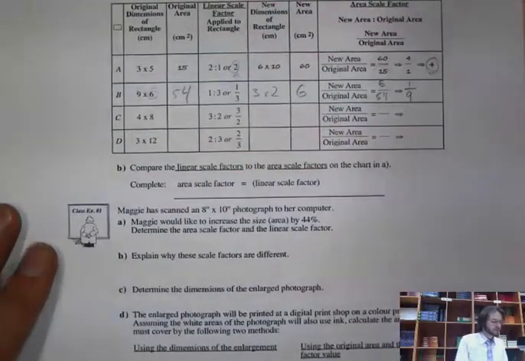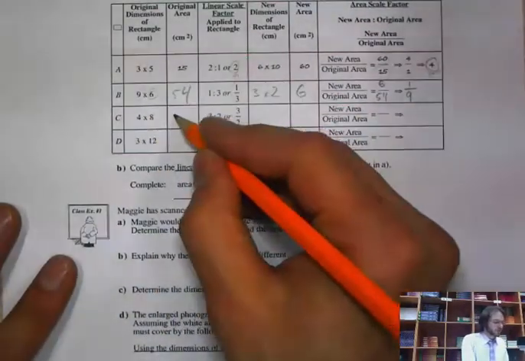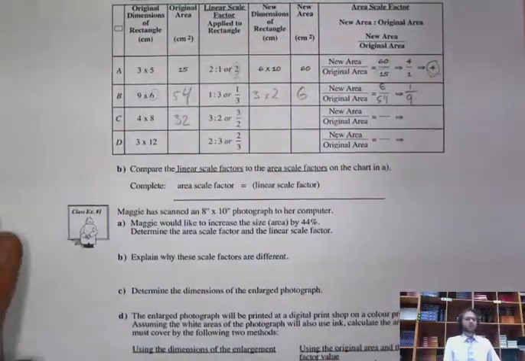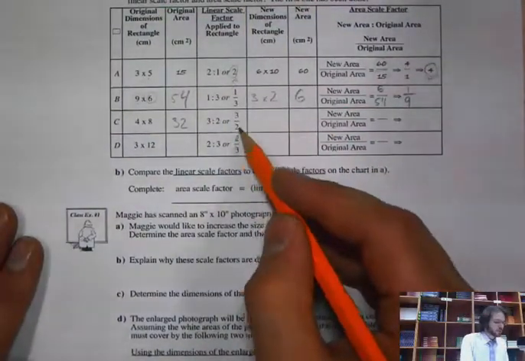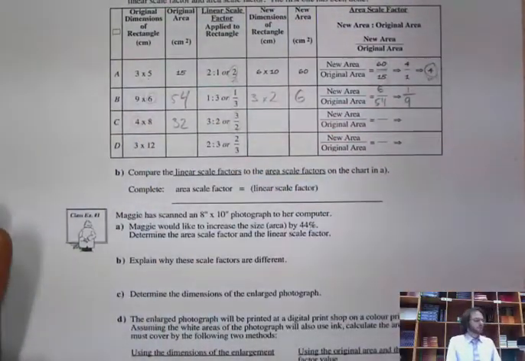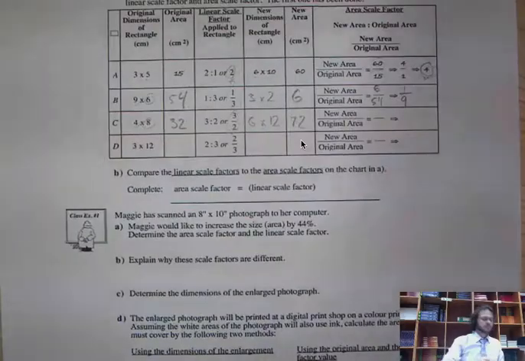Let's take a look at my next one. 4 by 8. So 4 times 8 is 32. Now we want to find my new one. I have to go 3/2 of each side. So 3/2 times 4 is 3 times 4 is 12, divided by 2 is 6. And then we want 3/2 of 8. 8 divided by 2 is 4, times 3 is 12. 8 by 12 gives me 72. Okay?